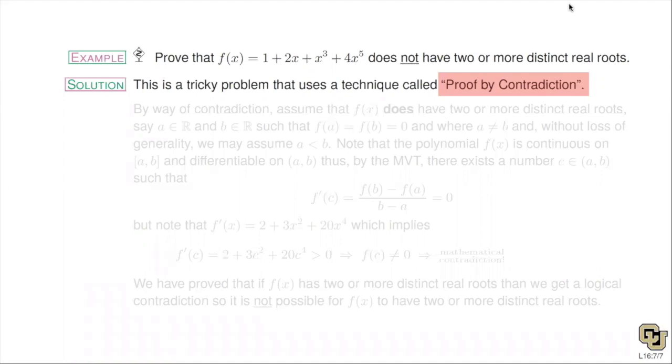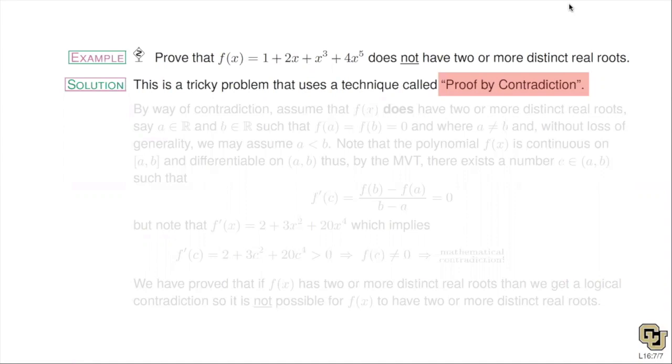So the technique of proof by contradiction, the way the logic is, we assume the opposite of what we're trying to prove. And then based on that opposite assumption, we get a contradiction with reality. And so then we go back and say, oh, the opposite of what I was trying to prove is actually false. So the opposite of the opposite must be true, and the opposite of the opposite is what we started out with.